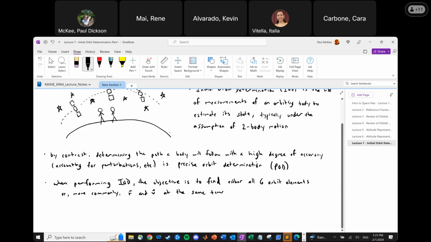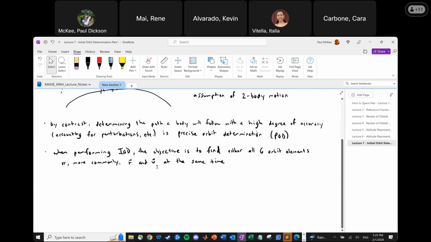If you know the position at some time and the velocity at some other time, that's no good. You need the full state, the full translational state at the same time. And remember that we know that these are equivalent pieces of information. That's what I was getting at before. Equivalent pieces of information.